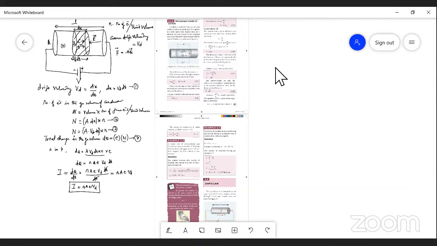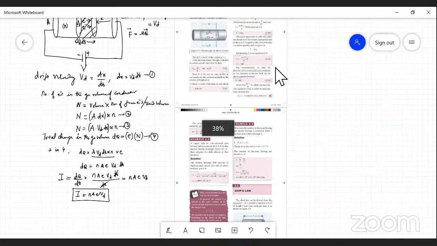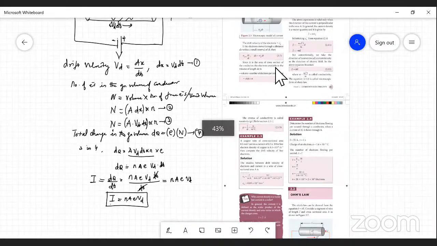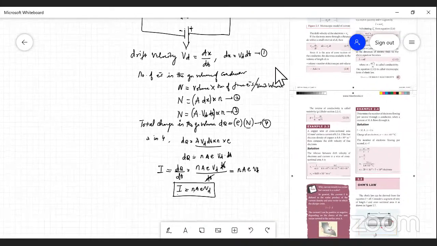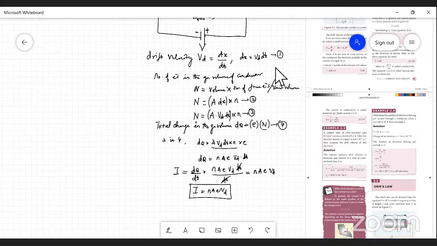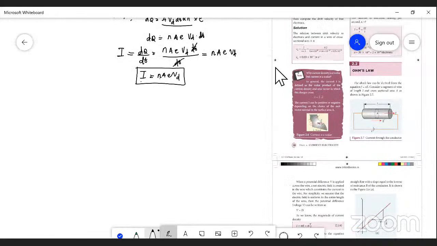On substitution of dq, you get nAe vd. So the relation connecting current and the drift velocity is I equals nAe vd.